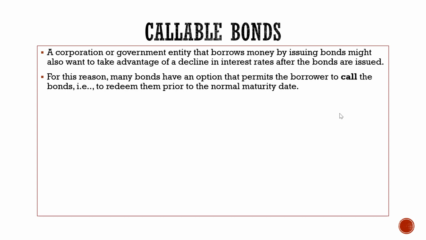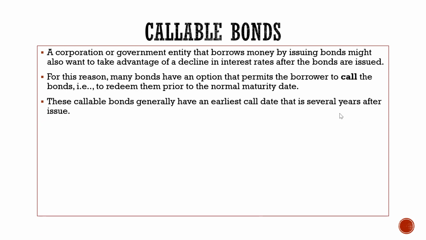For example, if you buy a bond and the bond matures in 20 years, a callable bond is a bond that allows the issuer to call the redemption value sometime before the actual maturity day.